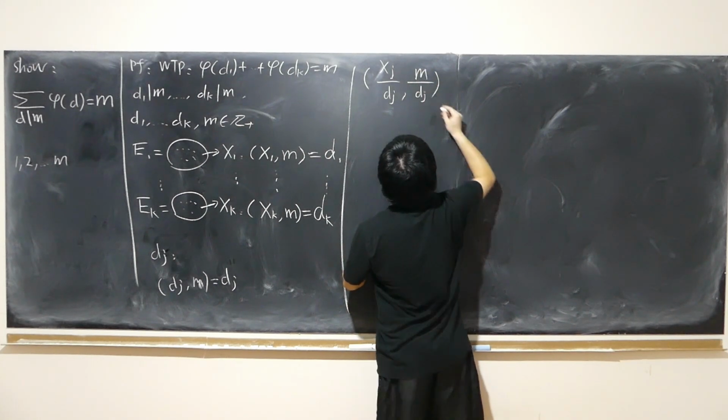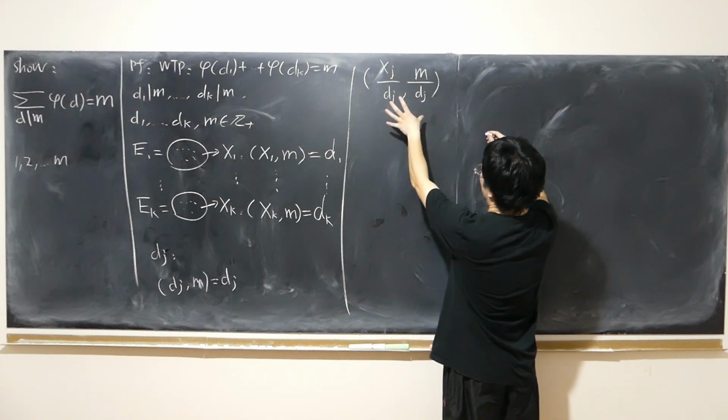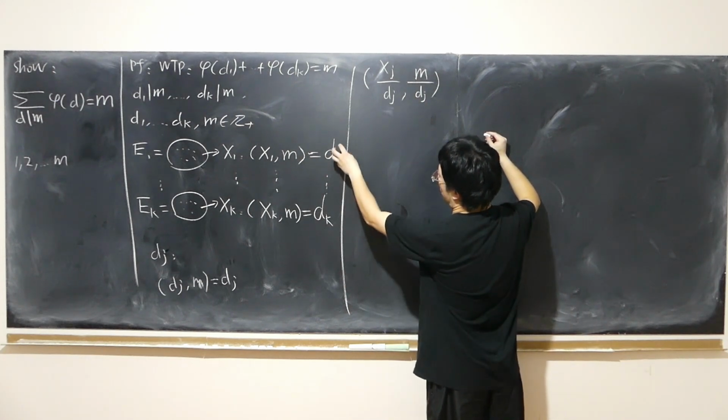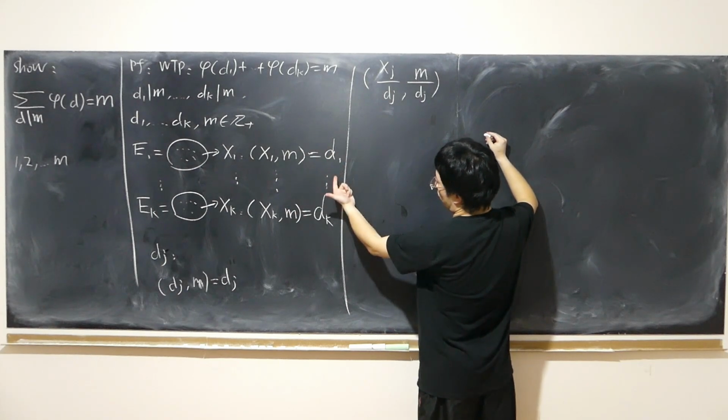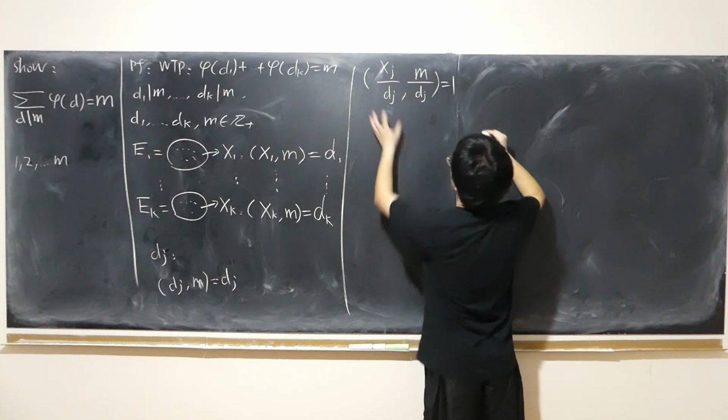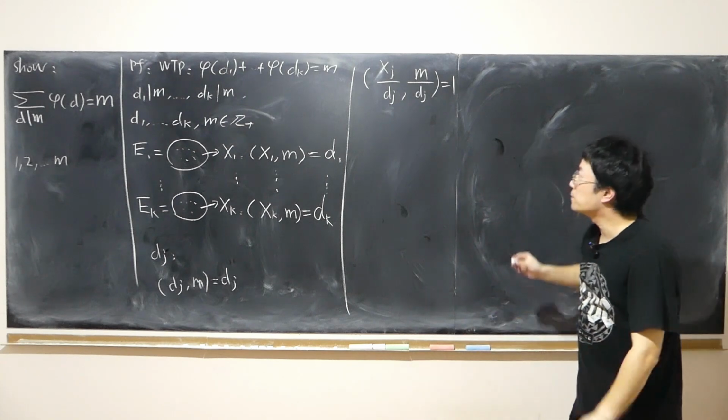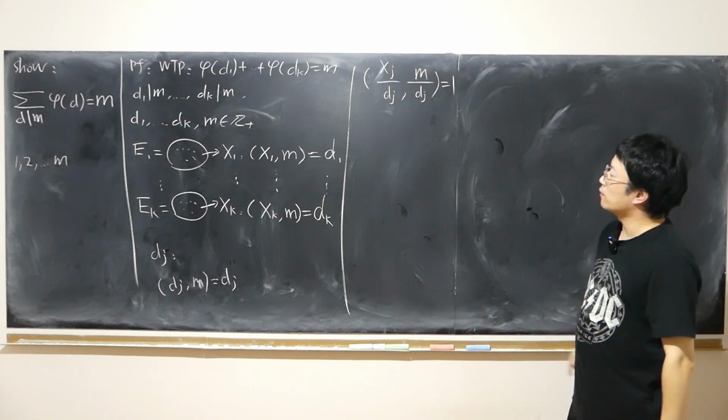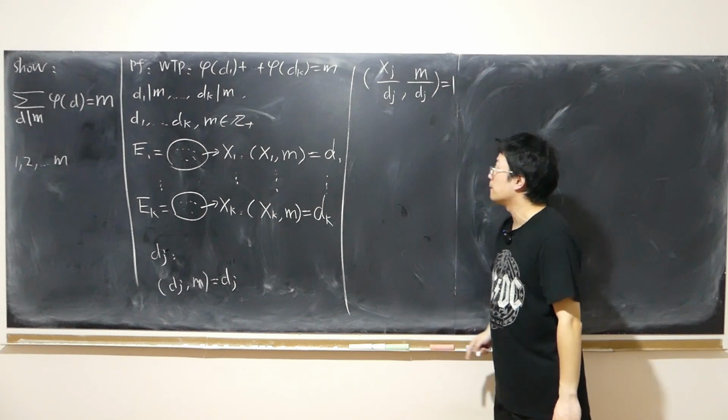What is their greatest common divisor? After dividing by dj, of course, I'm left with 1 on the right-hand side. They must be coprime. This is obvious, for every j, where j goes from 1, 2, all the way up to k. This is true.